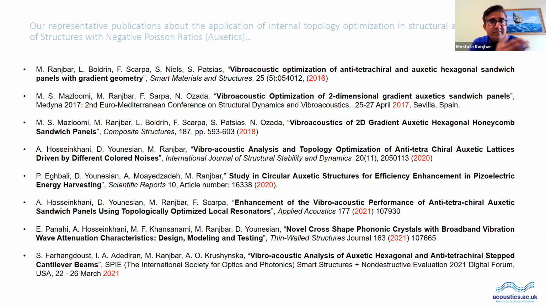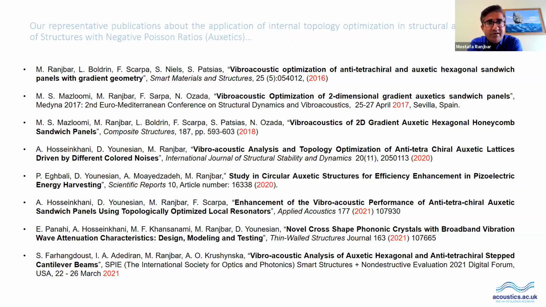Here you can see representative publications starting from 2016. We started with vibro-acoustic optimization of anti-tetrachiral and auxetic hexagonal sandwich panel with gradient geometry. We published another paper in 2018 about the vibro-acoustic design of auxetic hexagonal honeycomb structure.